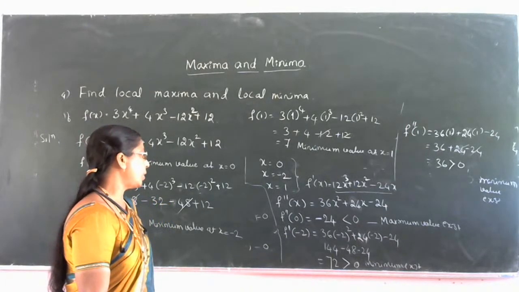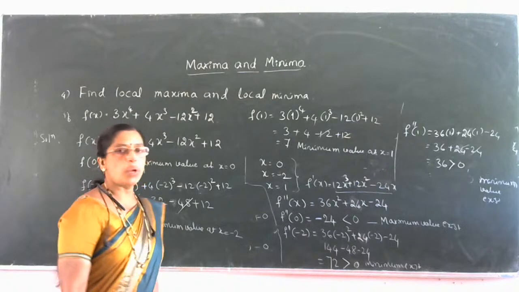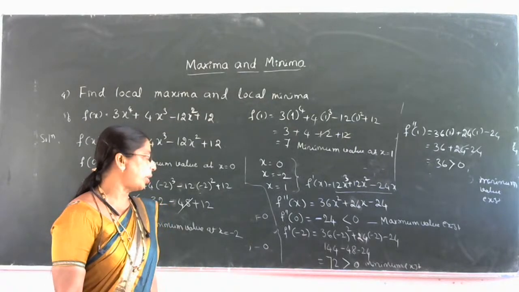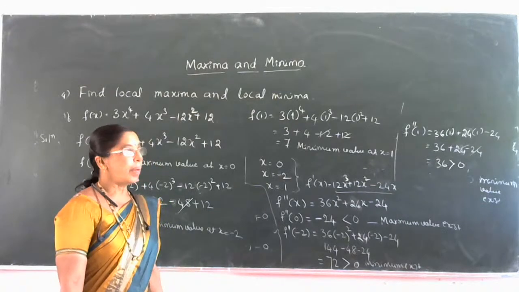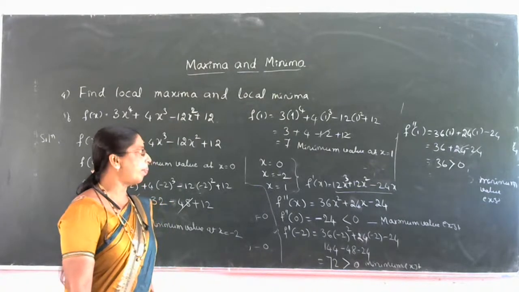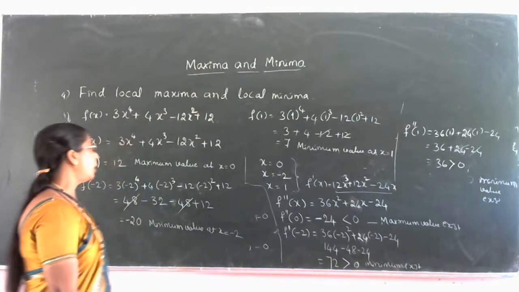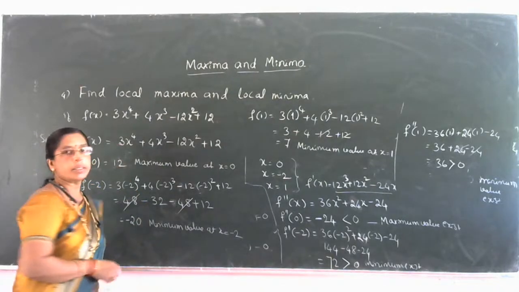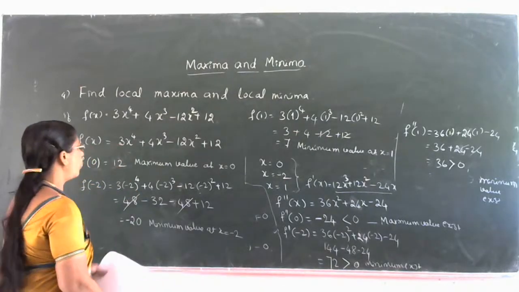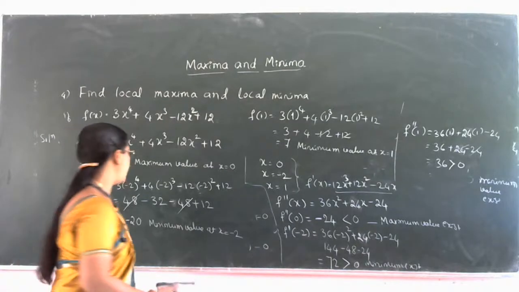At which point maximum value exists and in which point minimum value exists. Then find the maximum value and minimum value by substituting critical points in the function. We get maxima and minima.